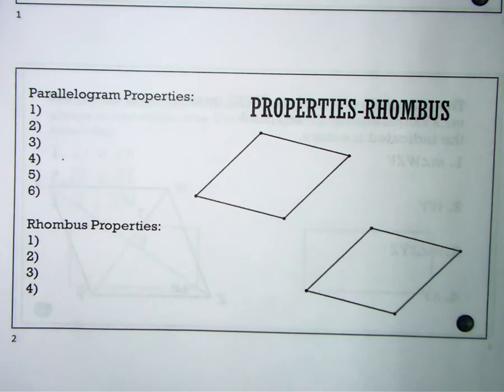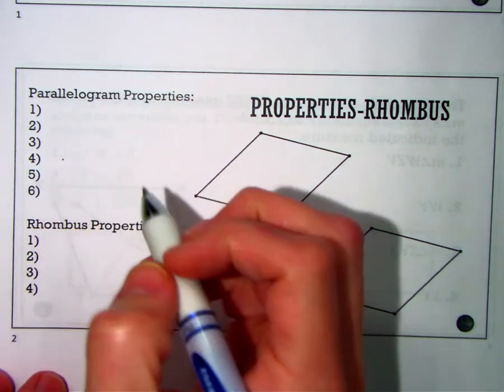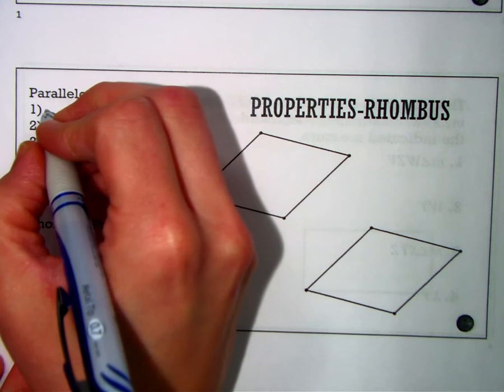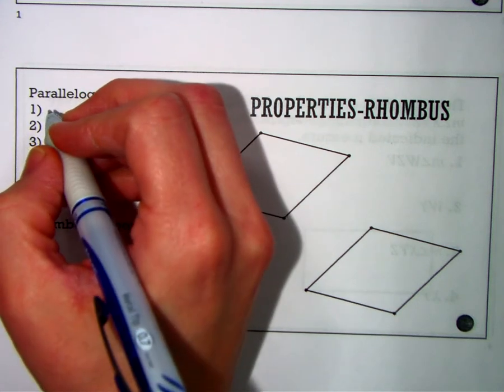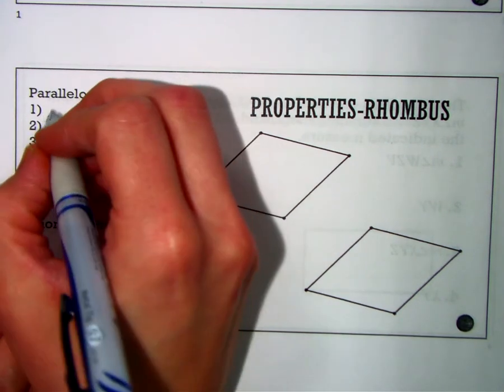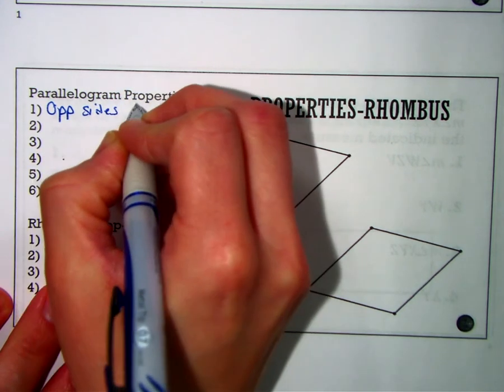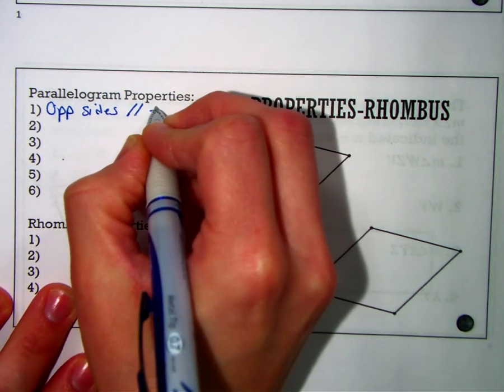Okay, what's up? Any property of a parallelogram. Go ahead. That two sets of sides are parallel. Two sets of sides are parallel. And more specifically, it's the opposite ones. So we're going to say opposite sides are parallel. Now, that's not technically a property.